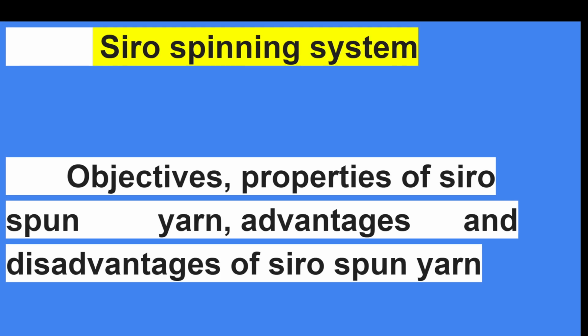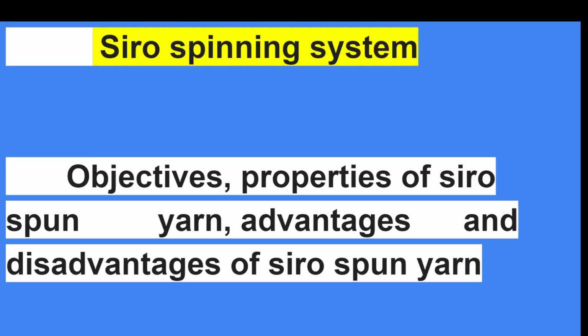The Siro spinning system is a device in which some changes are made on our existing ring frame machine and two rovings are fed there.